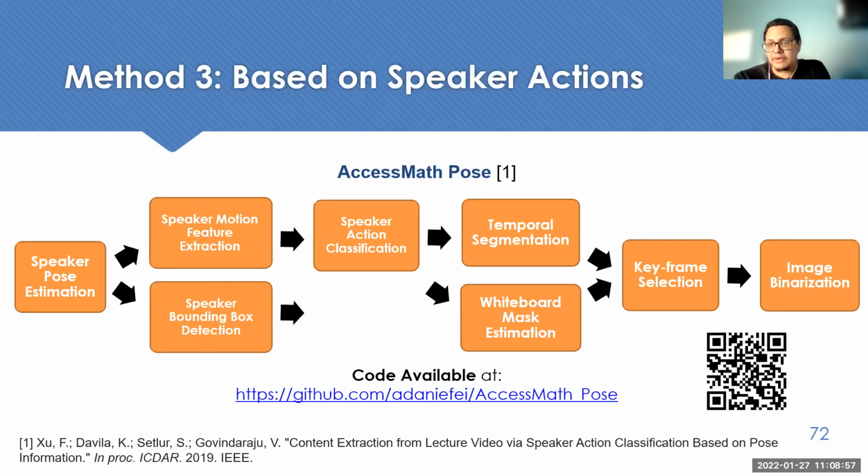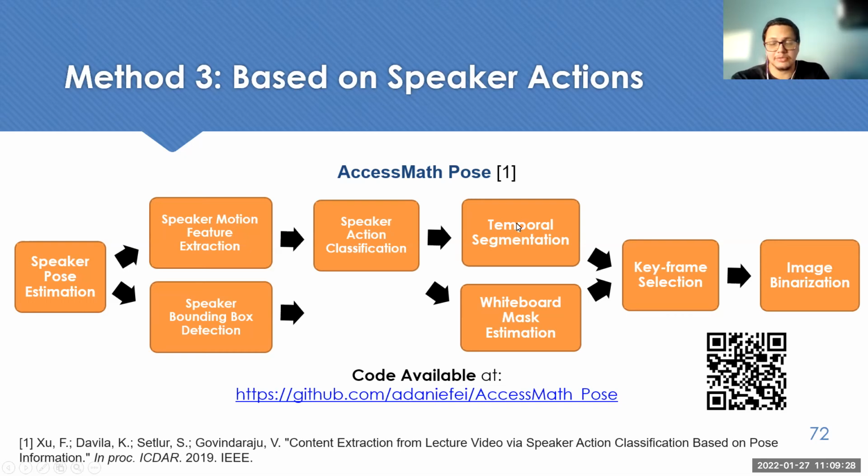At the same time, we were also trying a very different approach based on speaker actions. Like I mentioned, this one is very different because it doesn't look at the content right away. It only looks at the speaker at first. And the idea is to try to get as far as it can without looking at the content. So it starts with the estimation of the speaker pose, followed by the classification of the actions, using these actions to segment the video the way that I described earlier, right?